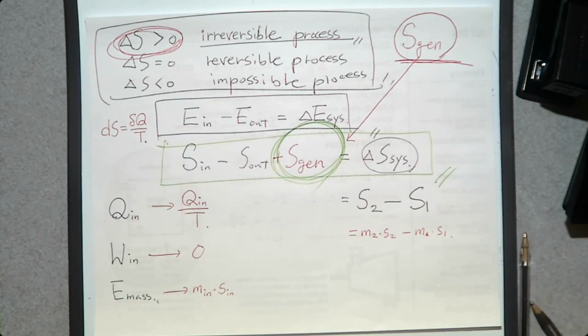We got 2 minutes of that. That's plenty enough. Then let's combine them. Entropy transfer in can be either entropy transfer due to heat or entropy transferred by the mass.